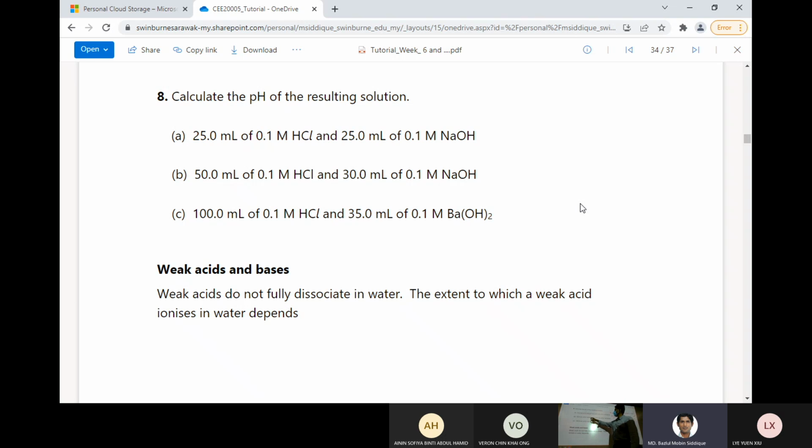50 milliliter, 0.1 molar HCl, 30 milliliter, 0.1 molar sodium hydroxide. First, what do you want to get?